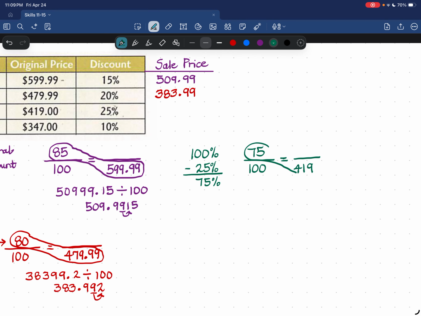So this time the peanut will be 75 times 419. And that's 31425 divided by 100 is going to be 314.25 is our sale price.